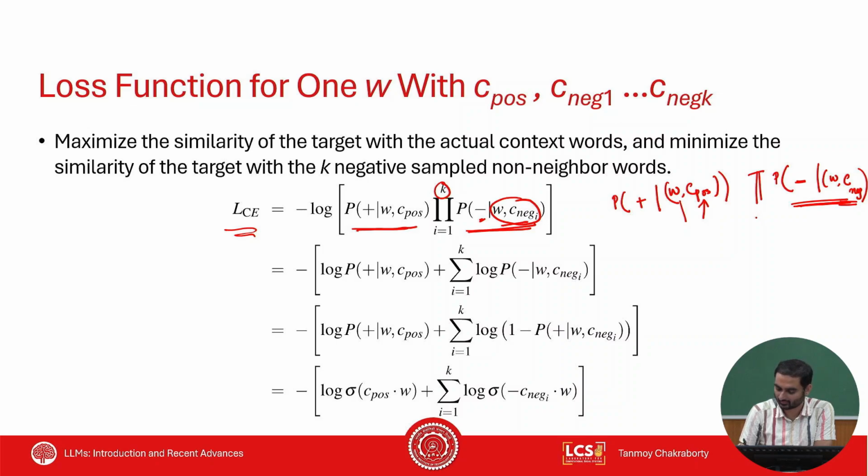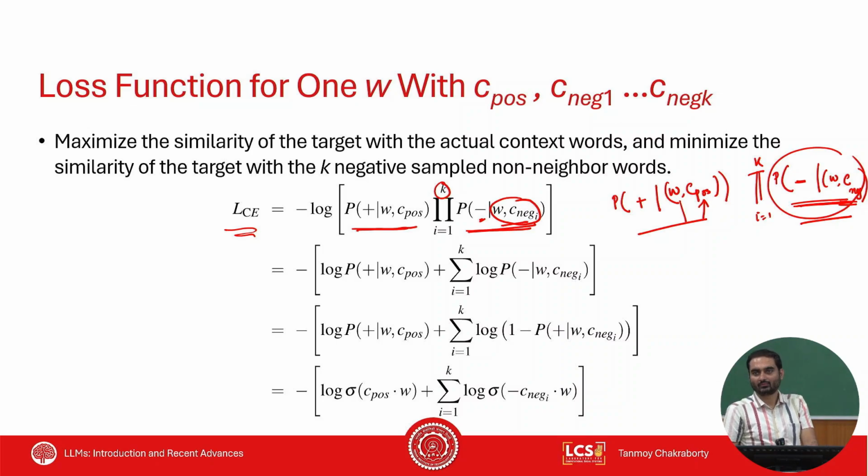So I take a product of all these k and I maximize both this and this. You can ask, why am I maximizing this? I should minimize this. The second part, what is the second part?